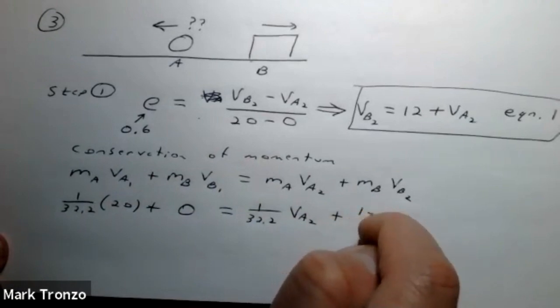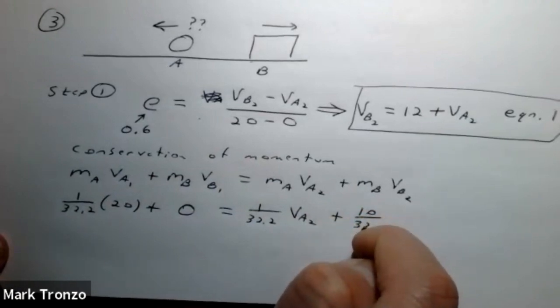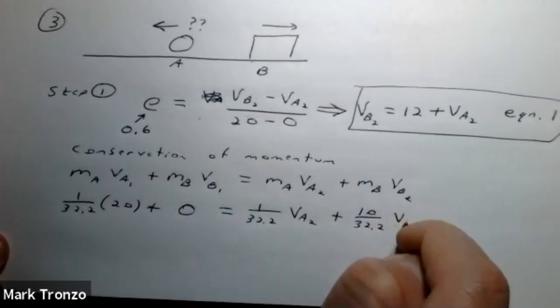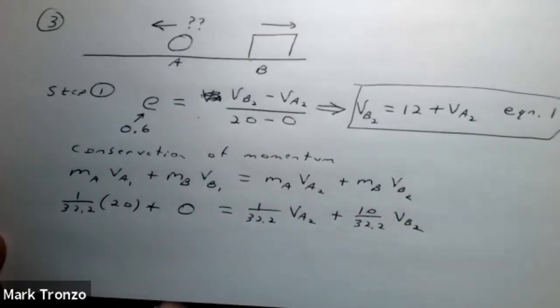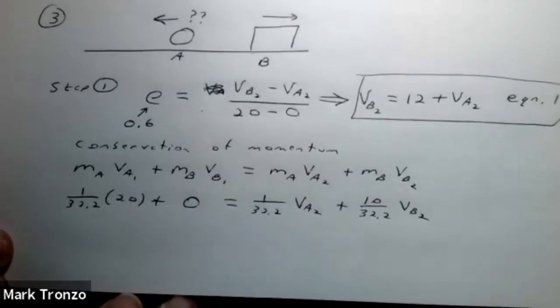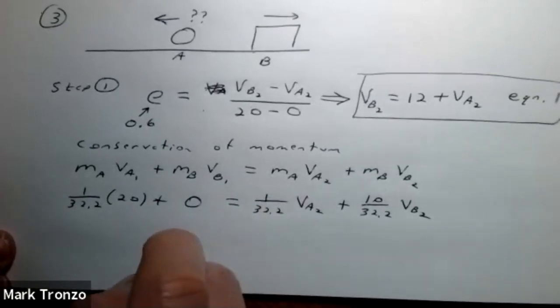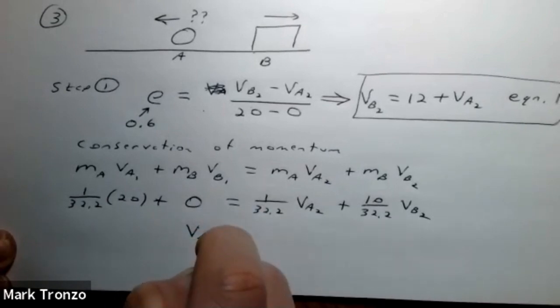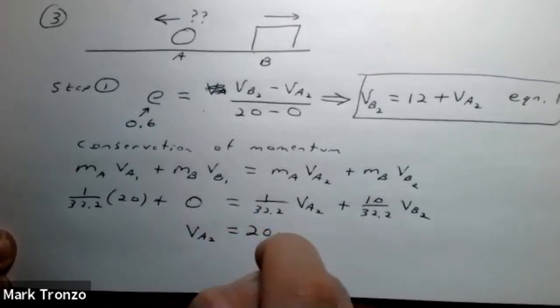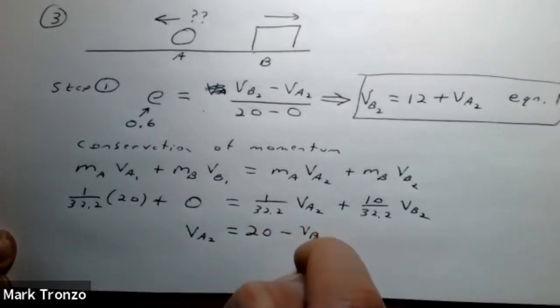And then block B was 10 divided by 32.2 VB2. And if you work this out, you'll end up getting VA2 equal 20 minus VB2.